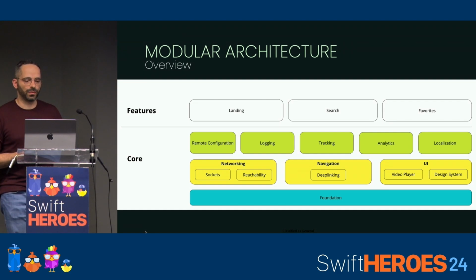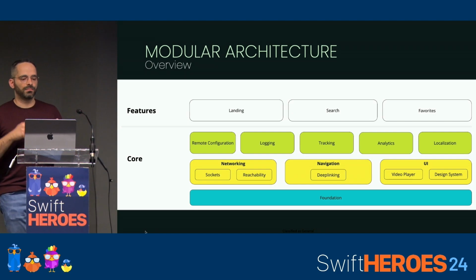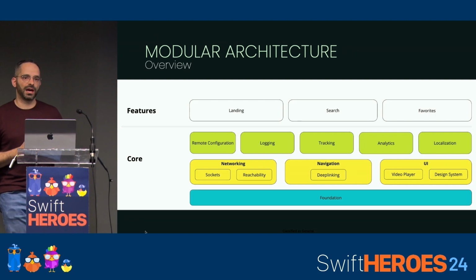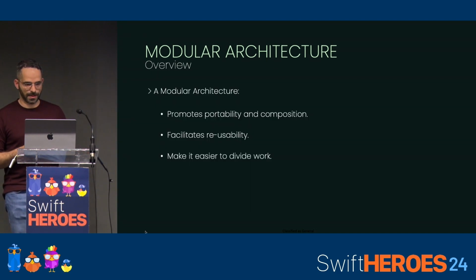So we have analytics, we have login, we have localizations, and if you keep going down, you will find stuff like networking that contains socket communication, HTTP related stuff, reachability. And one very important topic that we will keep mentioning during this talk is navigation. So apart from that, we have some UI stuff, we have a design system, and at the very bottom, we have some foundation models that are shared between all these packages.